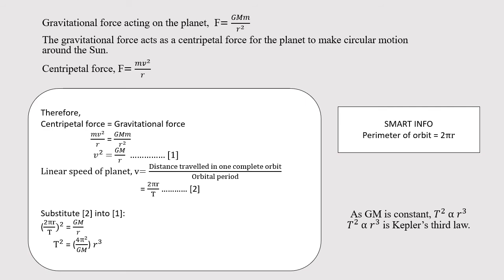We just put in our formula, and at the end we will get T squared equal to 4 pi squared over GM r cubed. As GM is constant, the formula is Kepler's third law. And for the smart info, perimeter of orbit is 2 pi r.